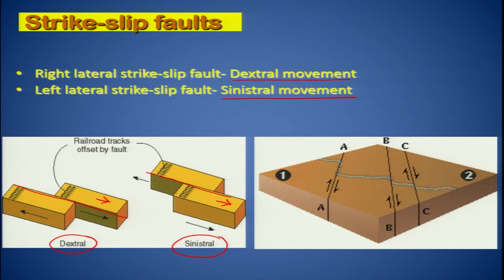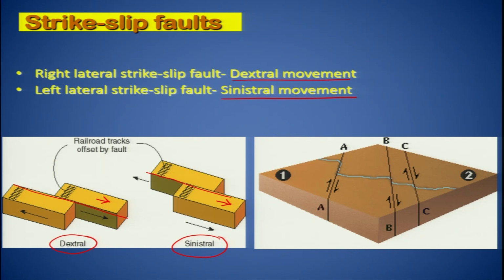Similar to what has been shown here is the offset of a rail track. This is a man-made structure which has been shown with the sketch, that it got displaced whenever there is a movement along this fault, depending on what type of movement takes place.